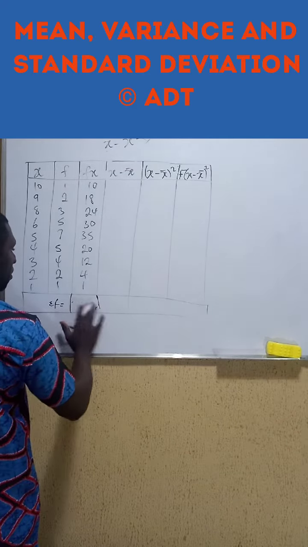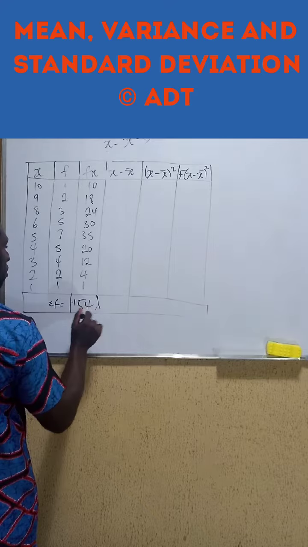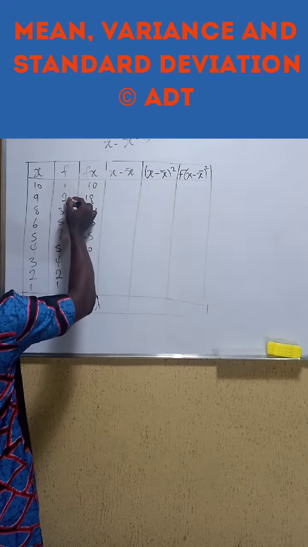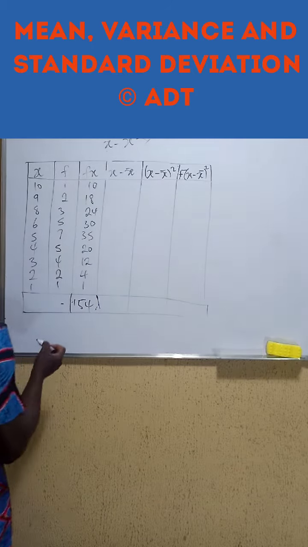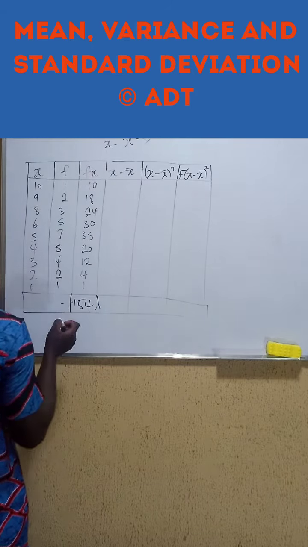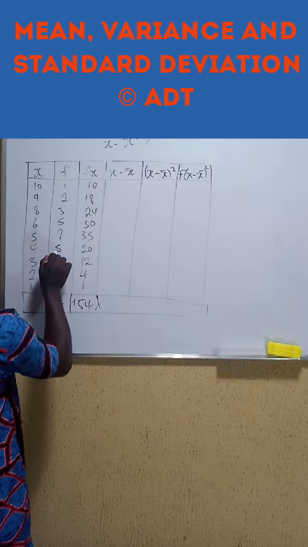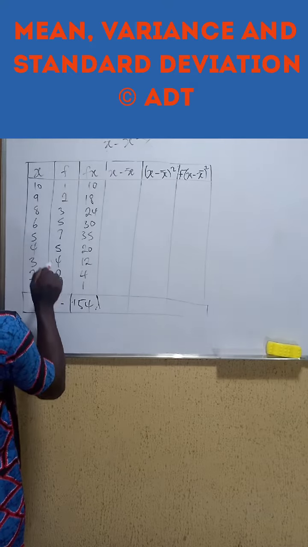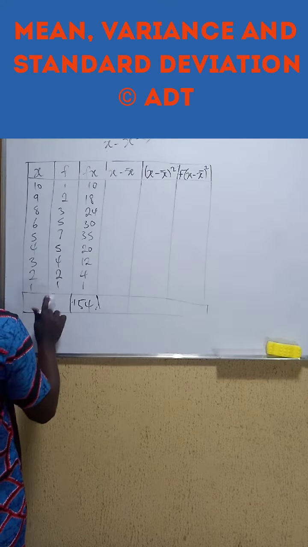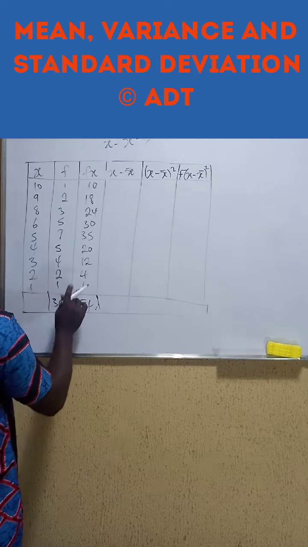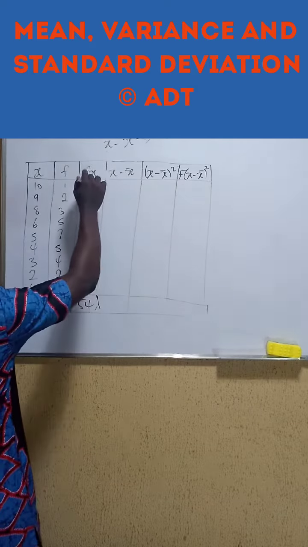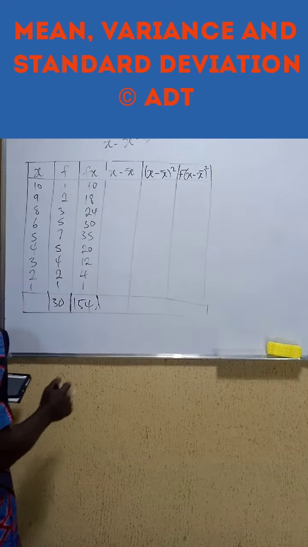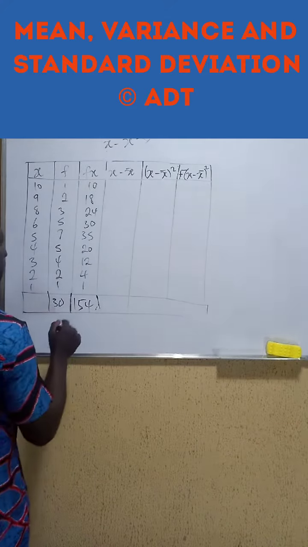And then this should be 1, 3, 6, 11, 18, 23, 27, 29, and 30. So this is 30. You can use your calculator to check this. This should be 154, and this is 30.